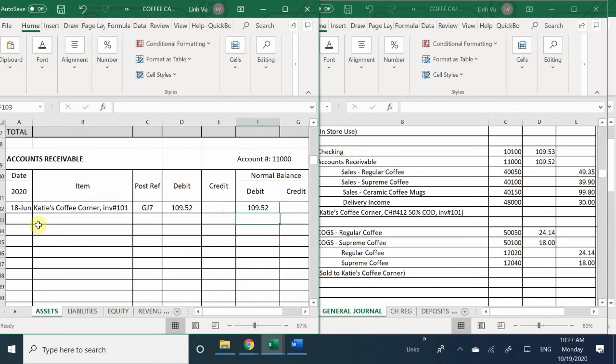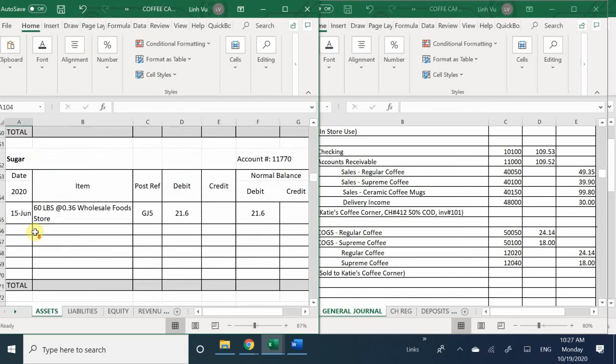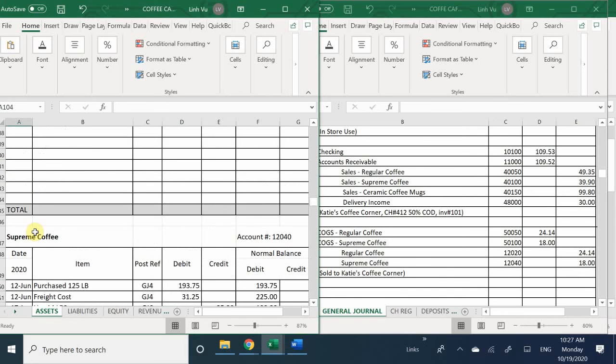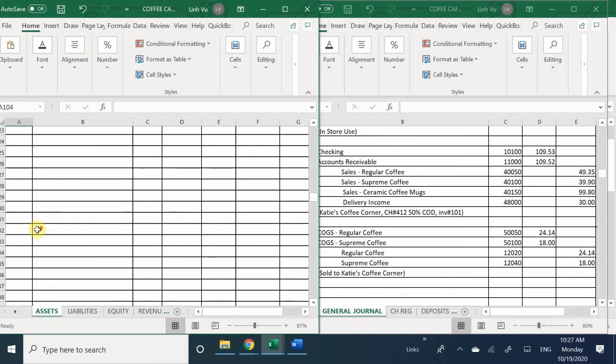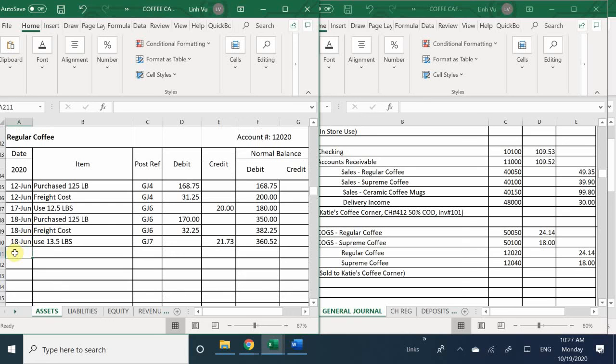So by doing so, I'm in my assets. I'm going to go find my regular coffee. So here's regular coffee for $6.19. And this one we sold 15 pounds. Okay, general journal number 7.